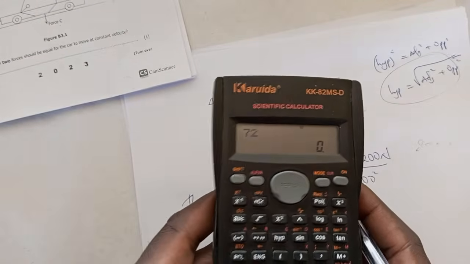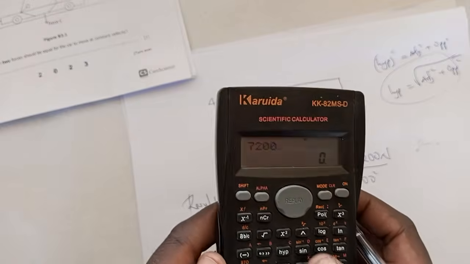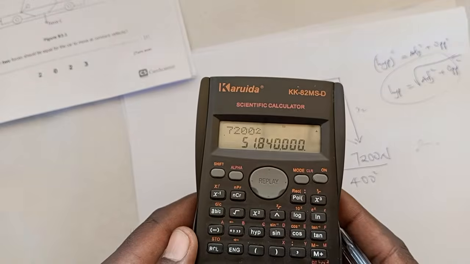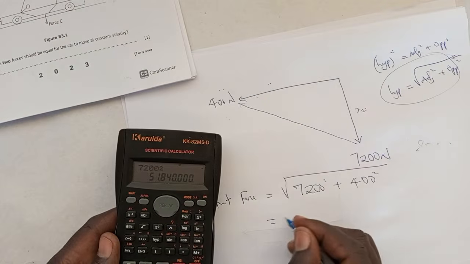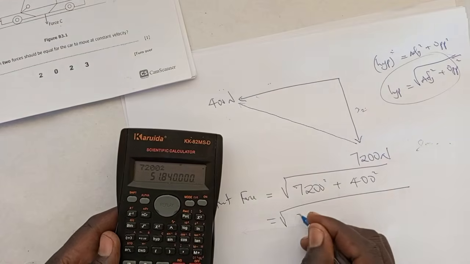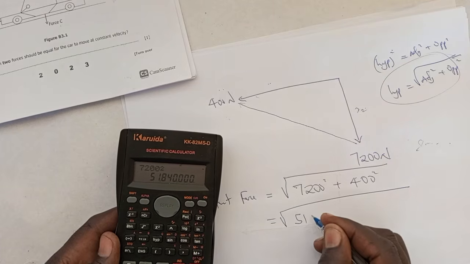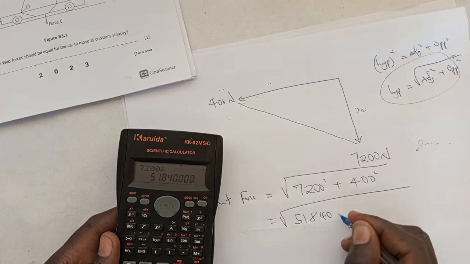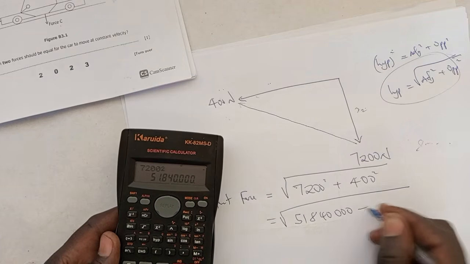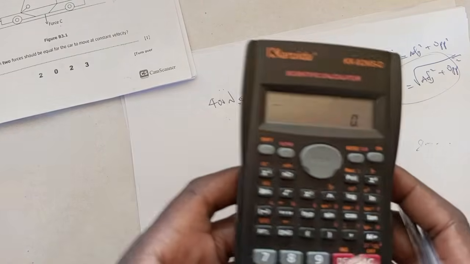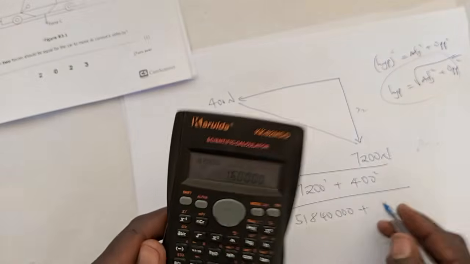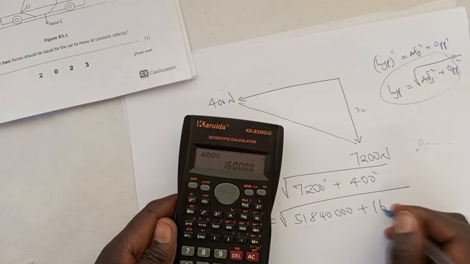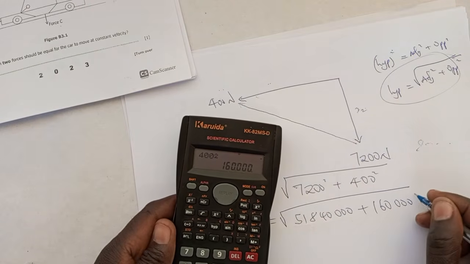Press on 7200 squared. This would give us 51,840,000, plus 400 squared, which would give us 160,000.